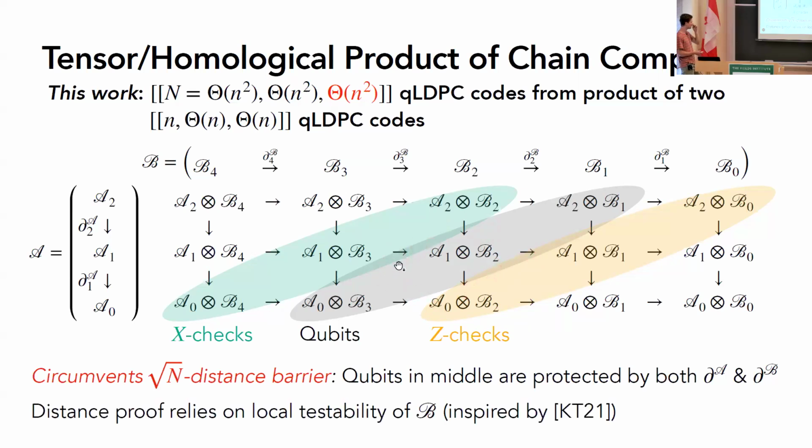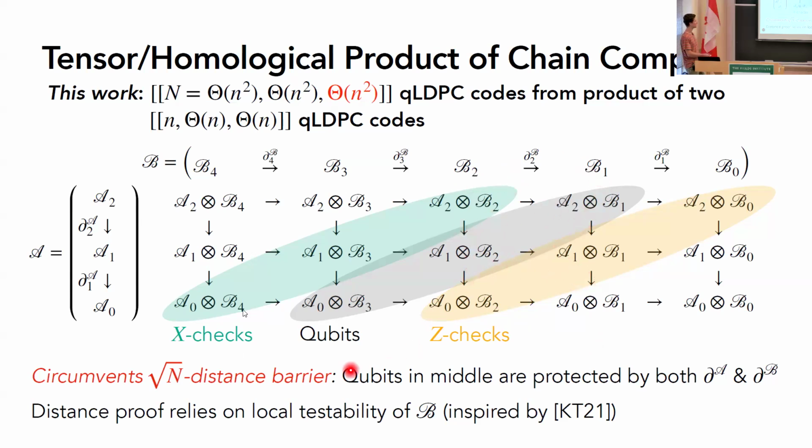Indeed, we show that that's the case, assuming that this code A is LDPC and this code B is locally testable. And the proof is inspired by a related result by Kaufman and Tessler from a few years ago, where they did this, but they did a one-sided picture. They were trying to just get z distance, but not also x distance. But using local testability, which is a form of expansion, we can argue we end up doing some snake-like argument.